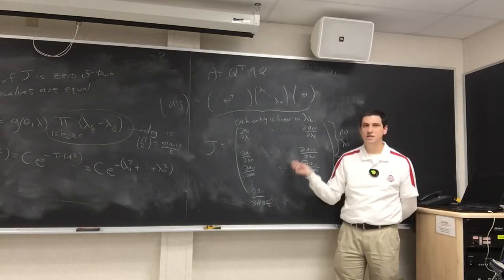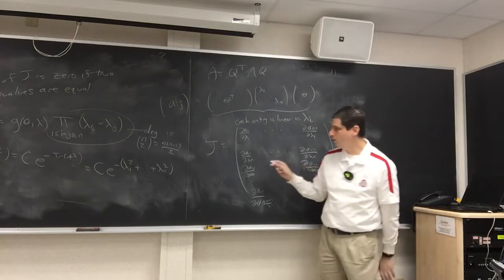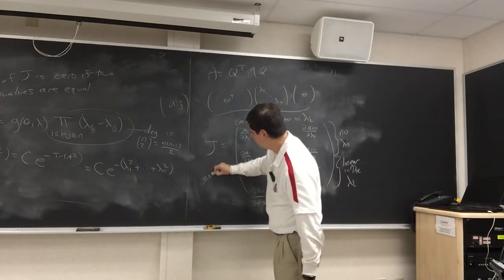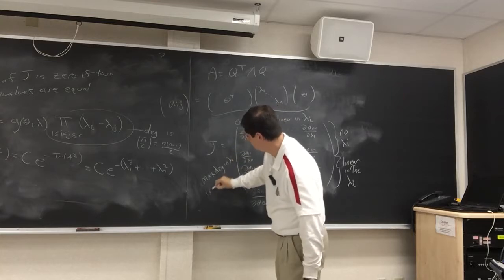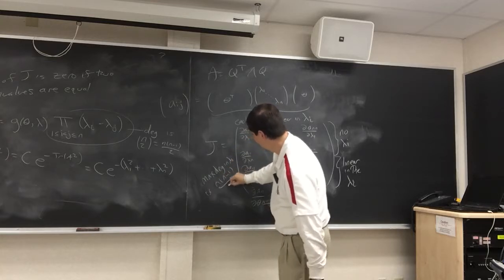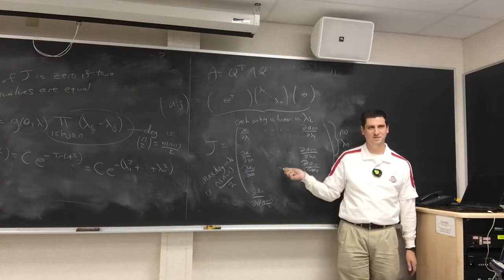So when you look at this, the maximum polynomial this could be in the lambdas is of degree n minus 1 over 2. So we know the maximum degree in the lambda i is n minus 1 over 2. So we know it can't be more than that.